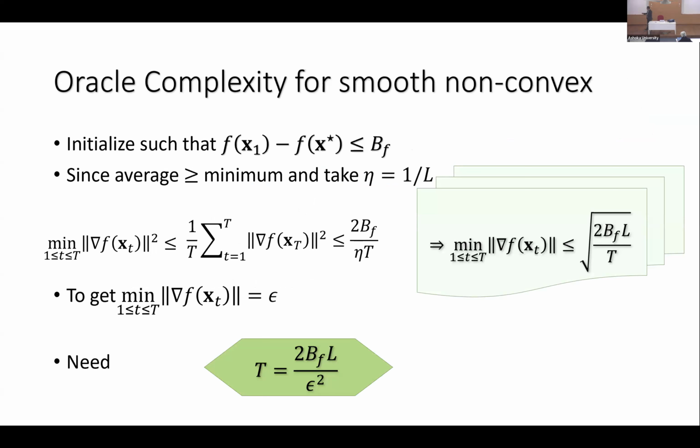Because this was saying that I should pick eta to be as large as possible, so that this is as small as possible. And the maximum I was allowed to pick was 1 by 2L or 1 by L, I think. Is it 1 by L? 1 by L. So the maximum I was allowed to pick was 1 by L, so therefore I picked 1 by L. So in this case, the choice of eta is also coming from here.